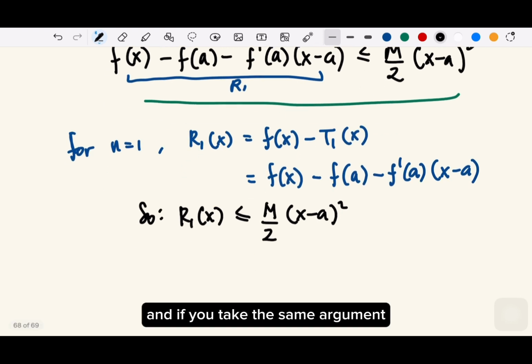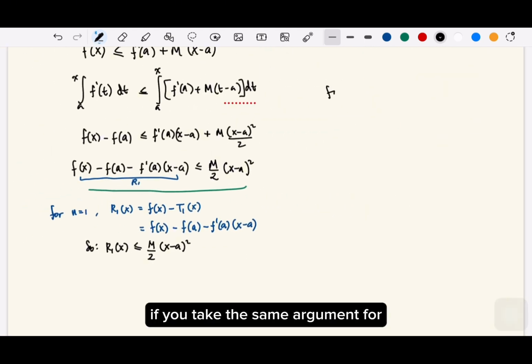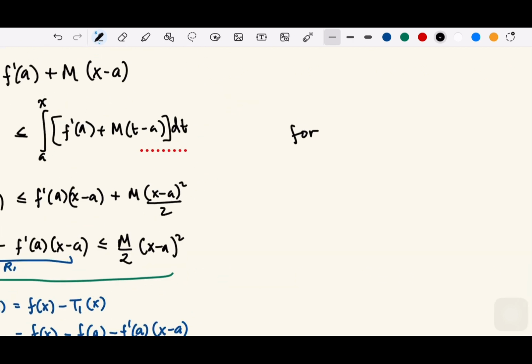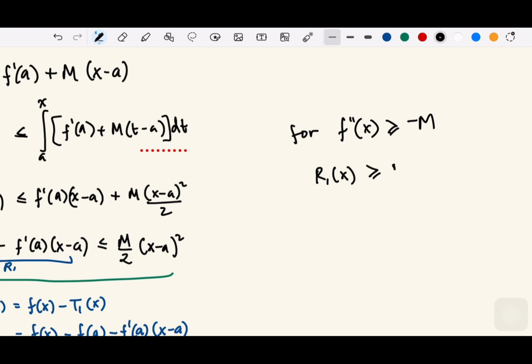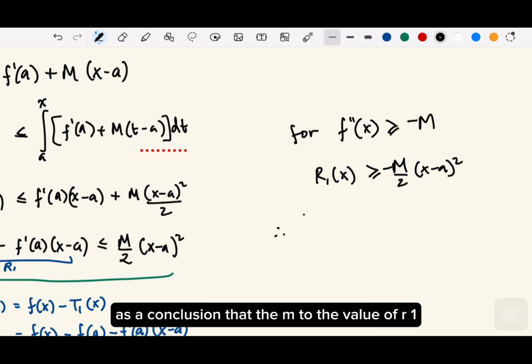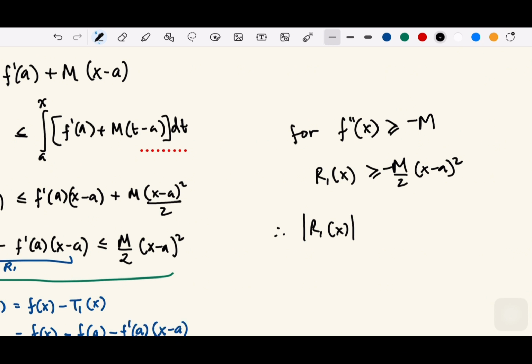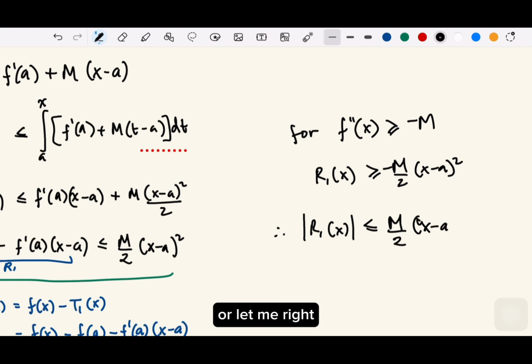And if you take the same argument for negative M, we get the same result. So we take as a conclusion that the absolute value of R1 is less than or equal to M over 2 times x minus a squared.